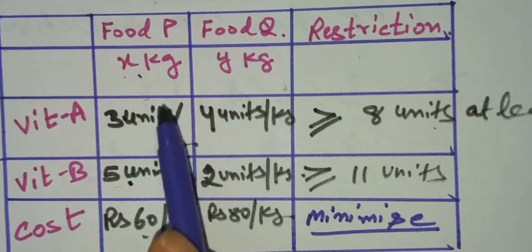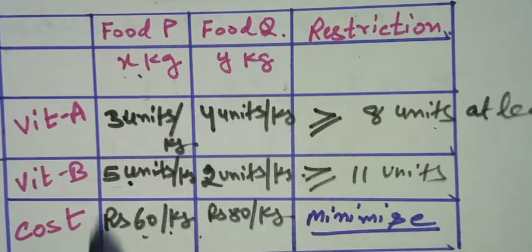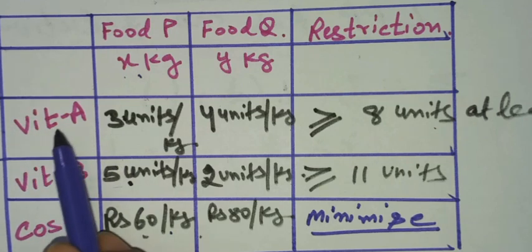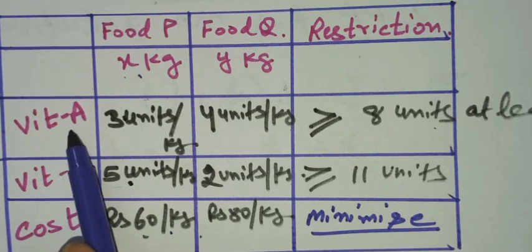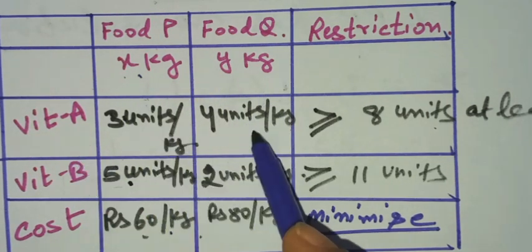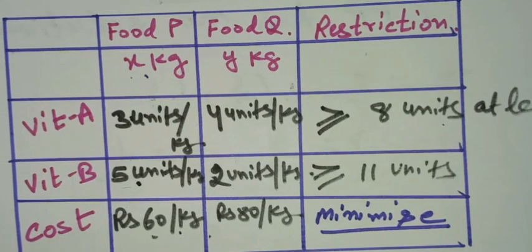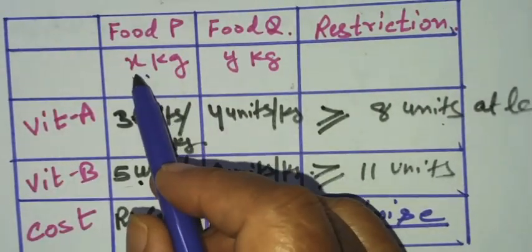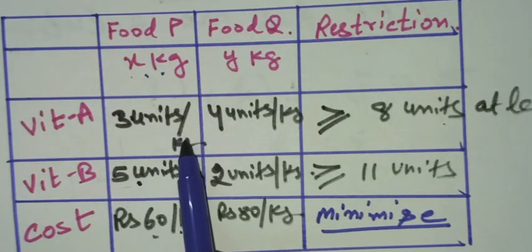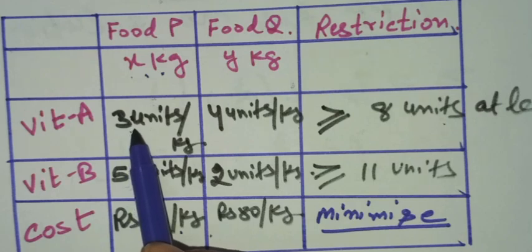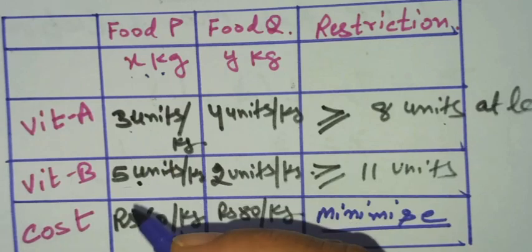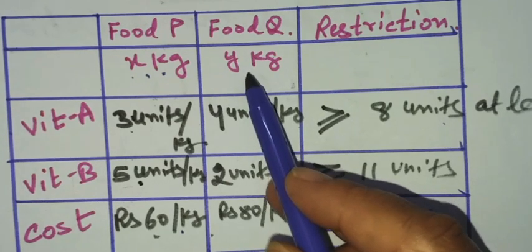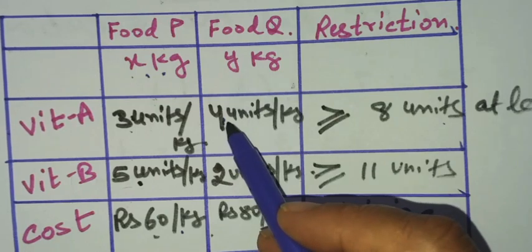So the mixture contains food P as well as food Q. Therefore total vitamin A content of the mixture means the vitamin A that it gets from food P and vitamin A that it gets from food Q. So please tell me how much vitamin A the mixture is getting from food P. Since we have x kilograms of food P, so 1 kilogram of food P contains 3 units of vitamin A. So x kilograms of food P will have 3x units of vitamin A. Similarly, y kilograms of food Q will have 4y units of vitamin A.